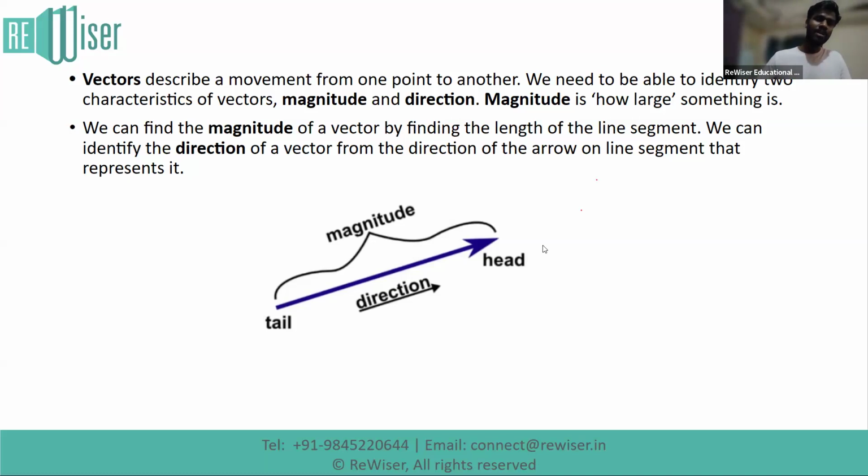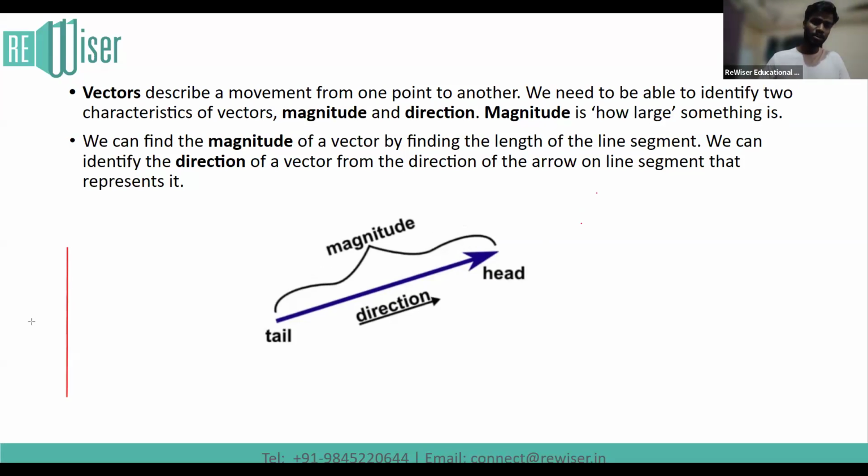Whenever we have a normal Cartesian plane, if I have a point A somewhere here, and point B somewhere here, then the magnitude of AB is just the length of AB. So magnitude refers to the length here.